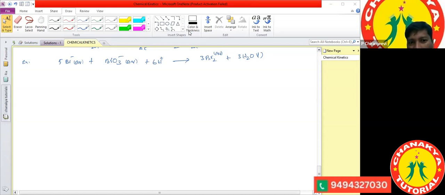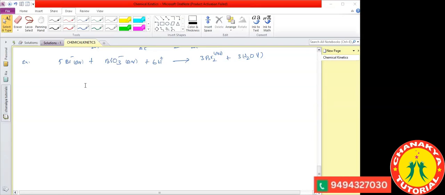First, you have to check the stoichiometric coefficients. What is the stoichiometric coefficient for the bromide ion, Br minus? Ritu? 5, sir. 5, very good, Kathy.